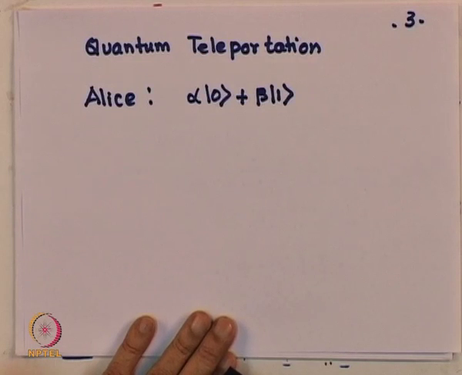Now notice, Alice does not know details about this state, that is, what these alpha and beta are, so she cannot simply call up Bob and say, look, this is alpha, this is beta, why don't you just make a state with this.